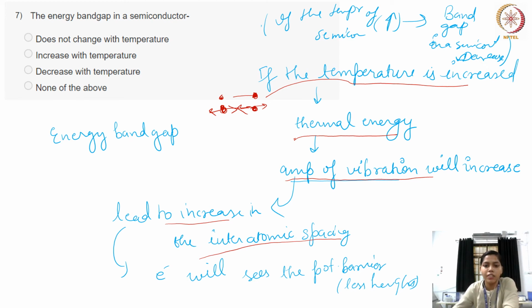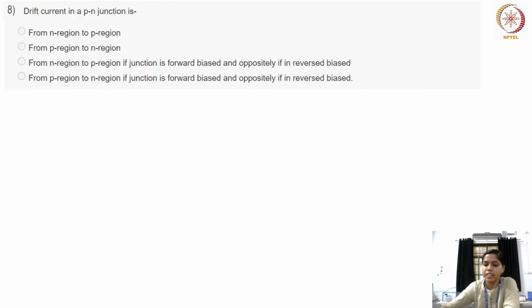Due to which our electron will see a potential barrier with less height, and we can say that increasing the temperature of the semiconductor leads to a decrease in the band gap of the semiconductor. So according to it, option C will be the correct answer. So is it fine? Okay, so I think it is clear.